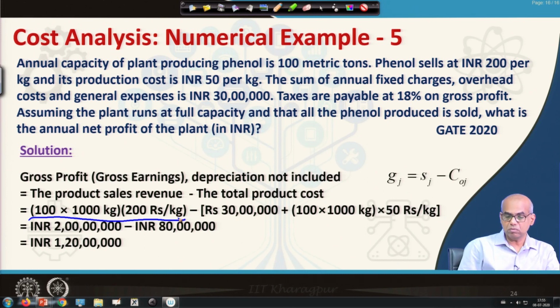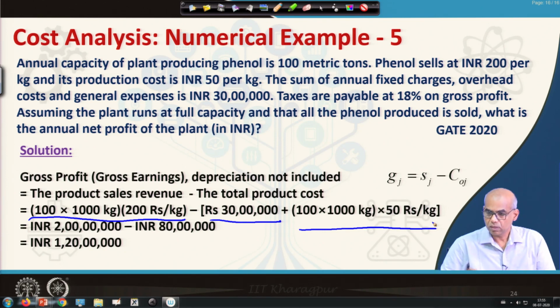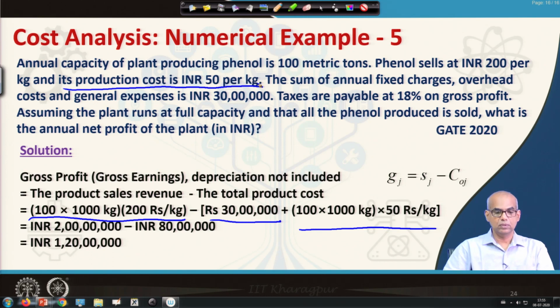the product sales revenue, and the total product cost is 30 lakhs, which is the sum of annual fixed charges, overhead and general expenses, and then the production cost is rupees 50 per kg.